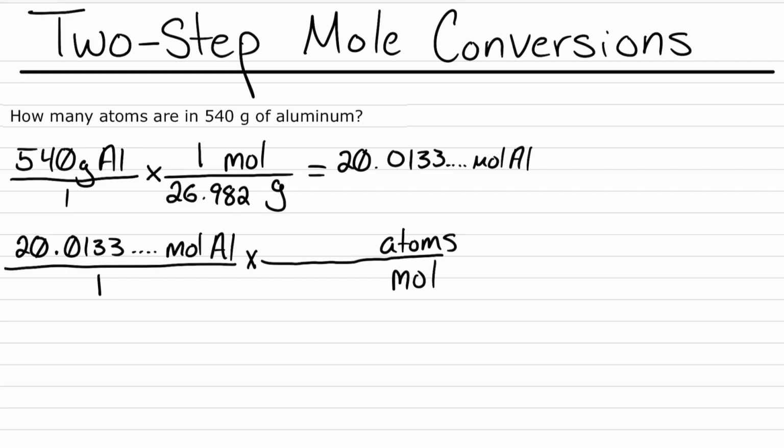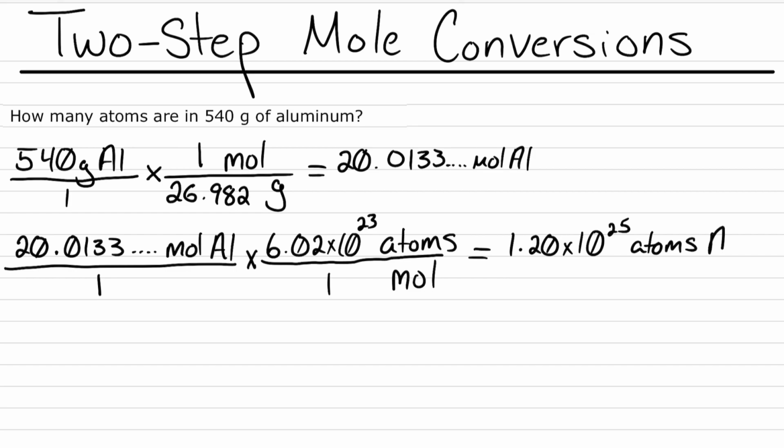The conversion factor between moles and atoms is Avogadro's number, where 1 mole is equal to 6.02 times 10 to the 23rd atoms. When we multiply by Avogadro's number and round to correct sig figs, we get 1.20 times 10 to the 25th atoms of aluminum.